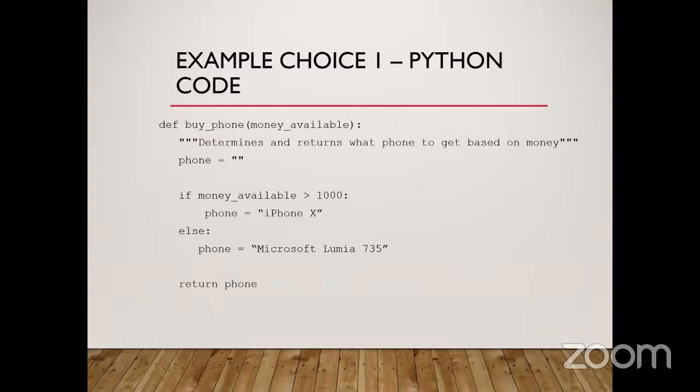So it looks something like this. If you put it in code, you can put a function in where you're passing in a variable that has the amount of money available to the user. The three quotes, or the two quotes, makes it a comment.